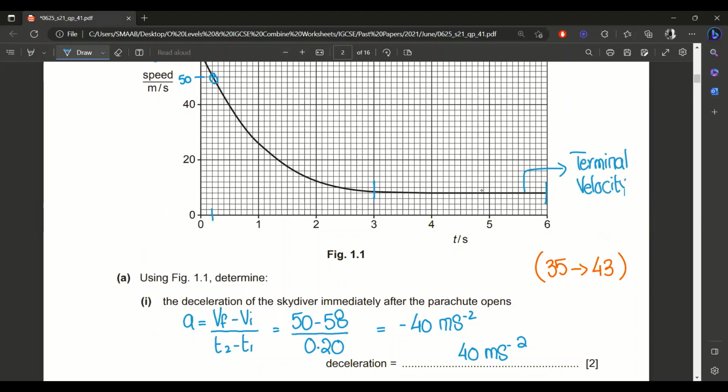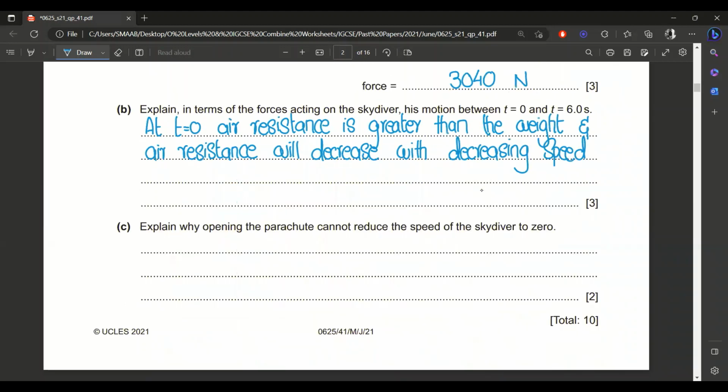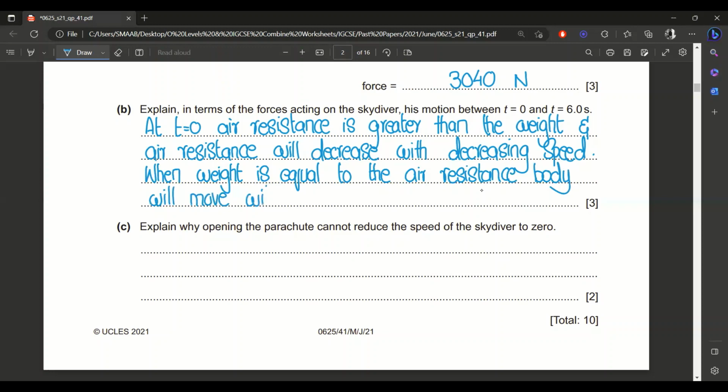So when weight equals air resistance, the body will move with terminal speed.